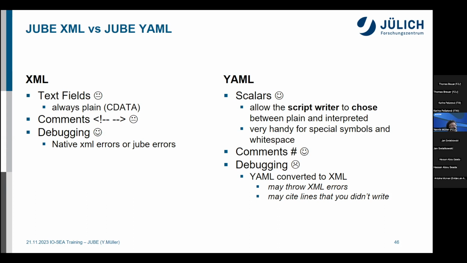And then we have comments. Don't know how many of you before this talk knew what an XML comment looked like. I didn't before I used JUBE. So yeah, this is an XML comment. It's not called sharp angle bracket, and then exclamation mark dash dash.